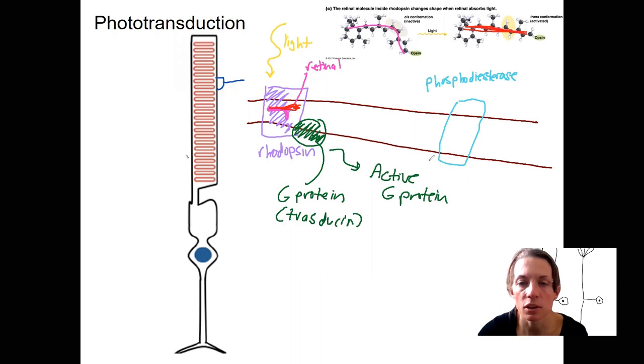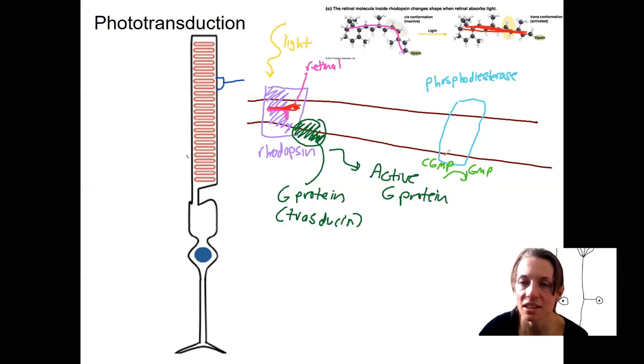So this is going to convert cGMP to GMP. I know this seems like all new information. It kind of is, but it's a similar idea to what you saw with G protein coupled receptors before. In the other case, G proteins activated adenylyl cyclase to convert ATP to cAMP.